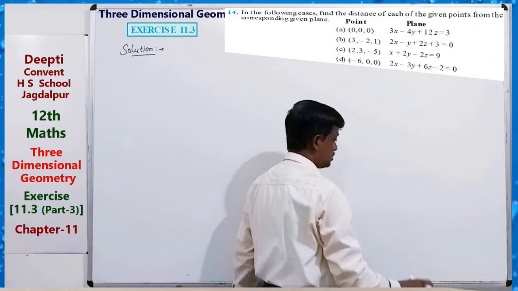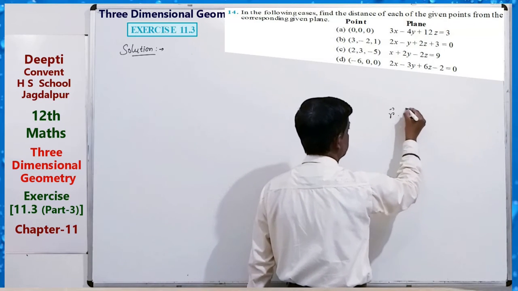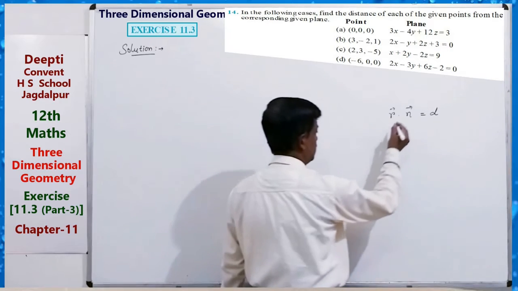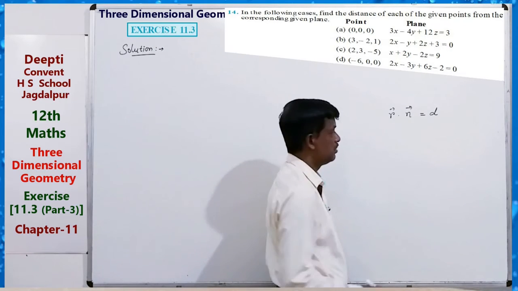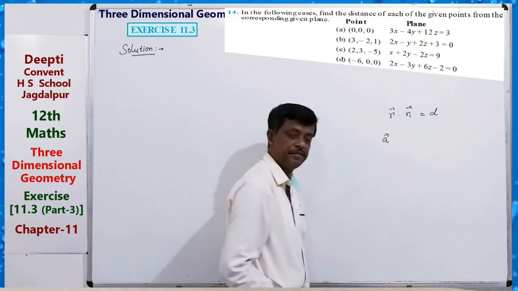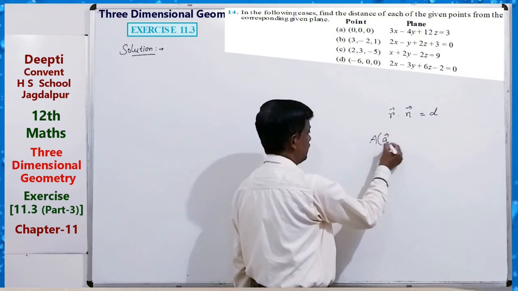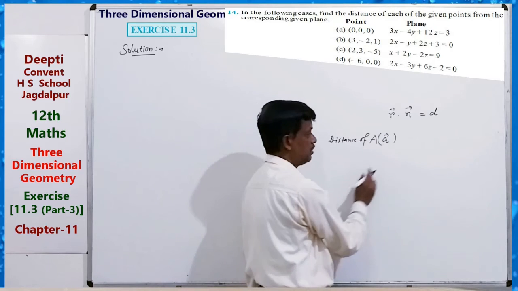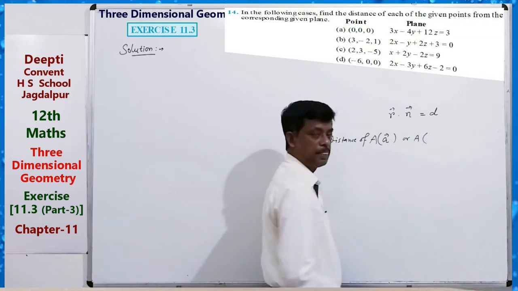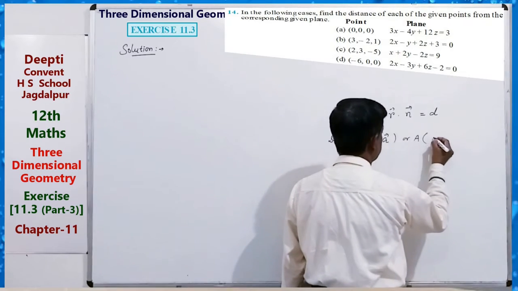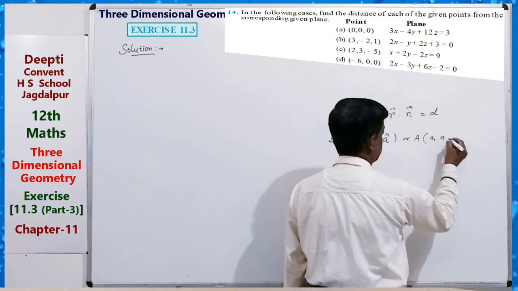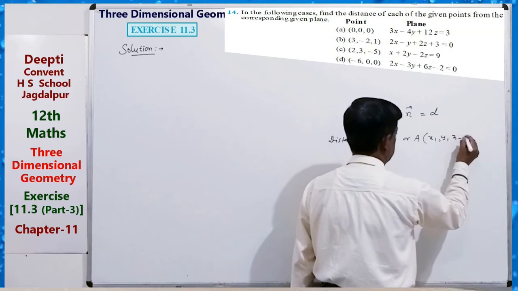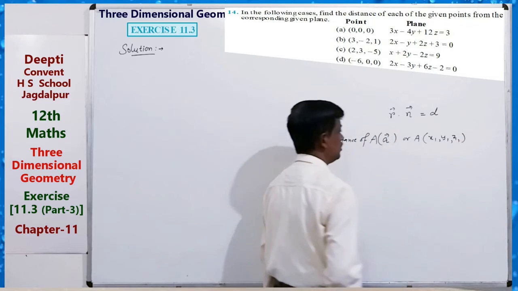Suppose we are given the plane r dot n equals d. Suppose the point is A, with a position vector, having coordinates x1, y1, z1. This is the point's Cartesian coordinate.